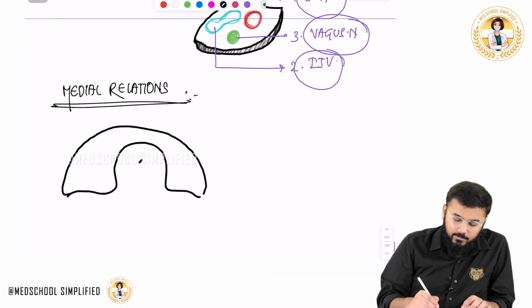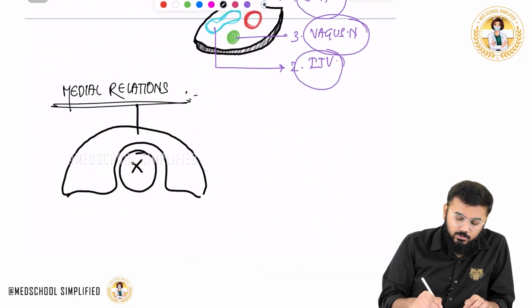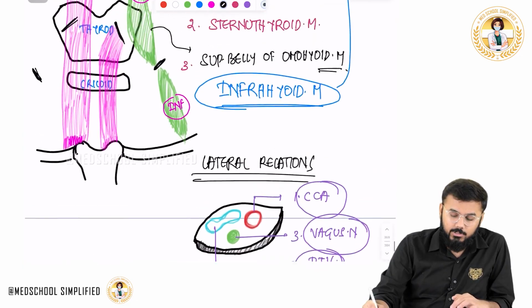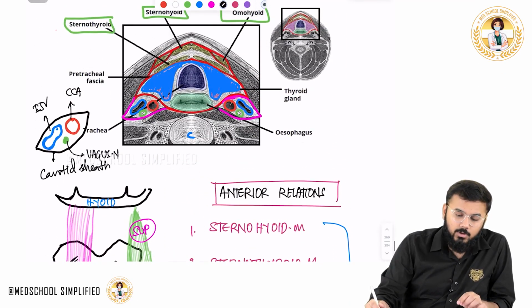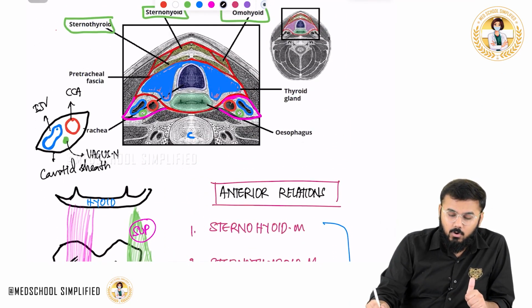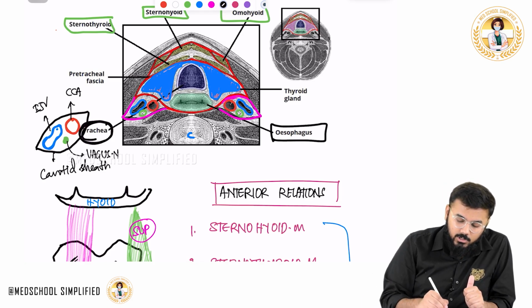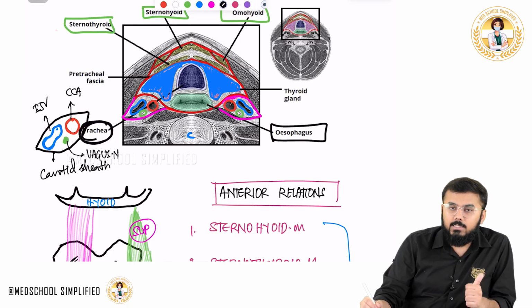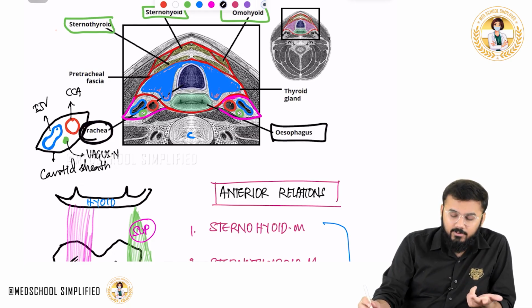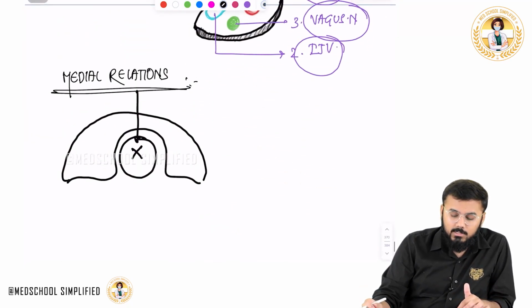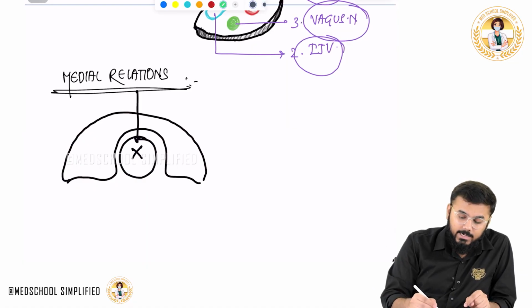So in the center, whatever structures you see, this forms the medial relations. So in the center, what are the structures you have got? You have got one structure called as esophagus. You see esophagus is over here. You see another structure called as trachea. Trachea is there, esophagus is there, larynx is there, pharynx is there, right? So all these structures are located in the center here.